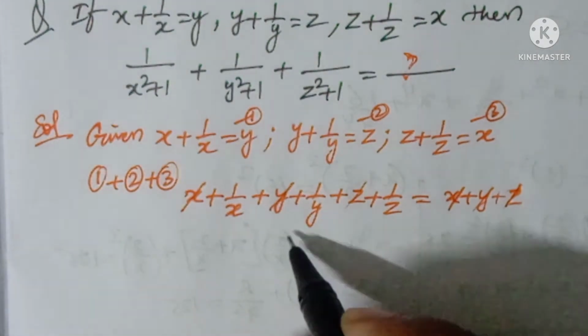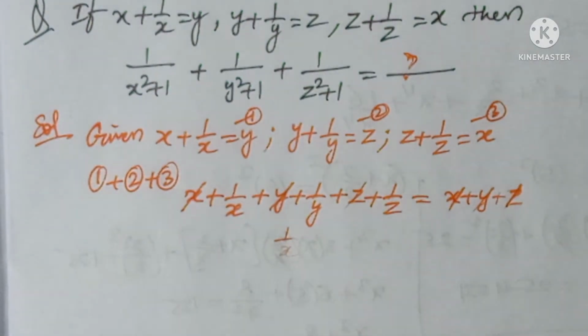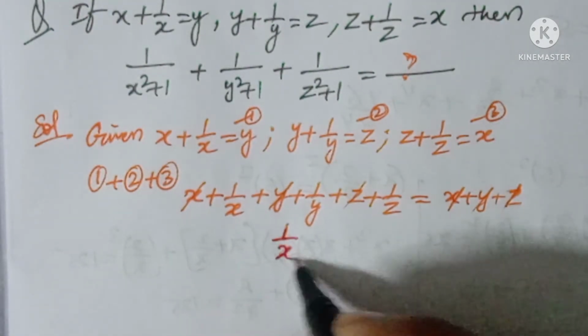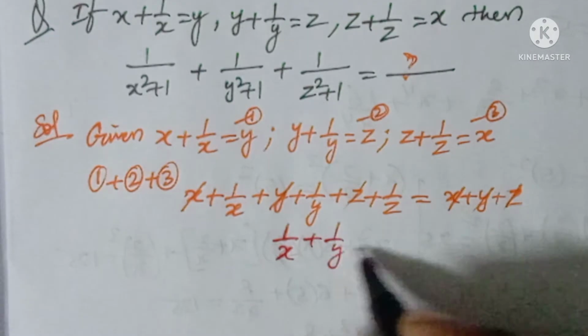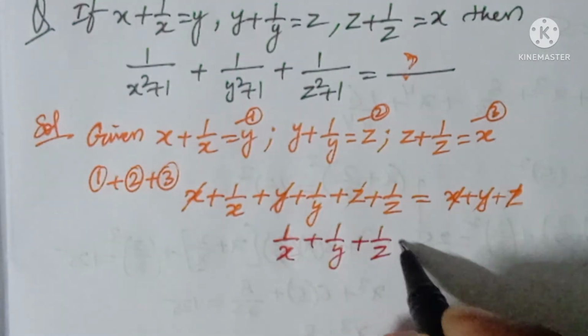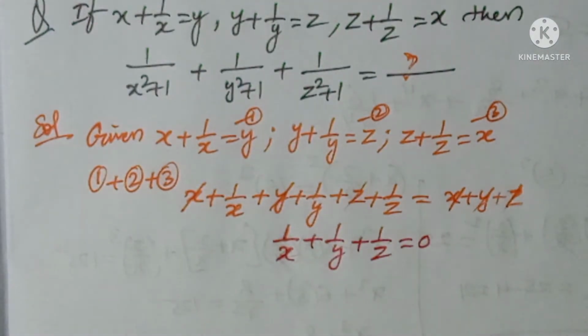So here you'll get 1 by x plus 1 by y plus 1 by z is equal to 0.